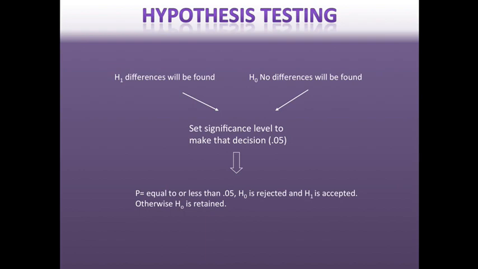And usually what we see for a significance level is 0.05, or about a 5% chance that there's no relationship between these things, but a 95% chance that there really is an association between these factors.